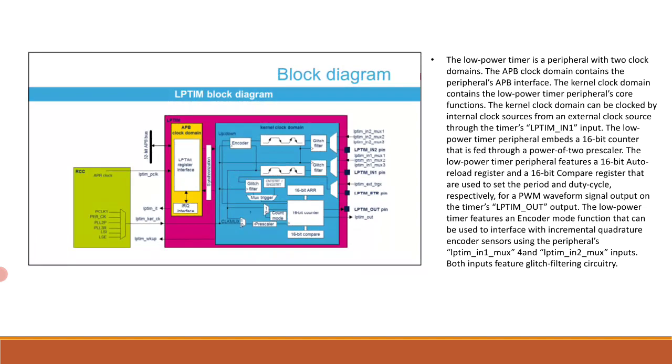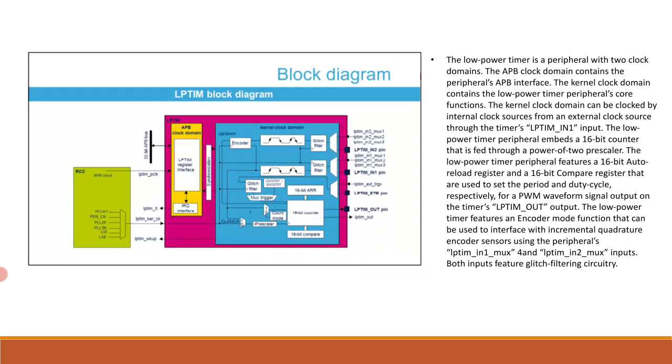The kernel clock domain contains the low power timer peripheral's core functions. The kernel clock domain can be clocked by an internal clock source or from an external clock source through the timer's LPTIM_IN input. It's highlighted on the right in the pin.